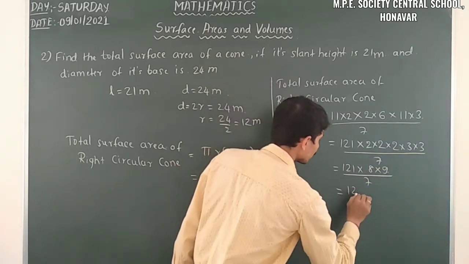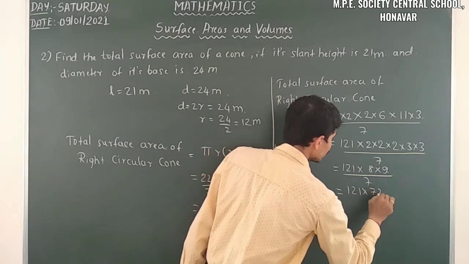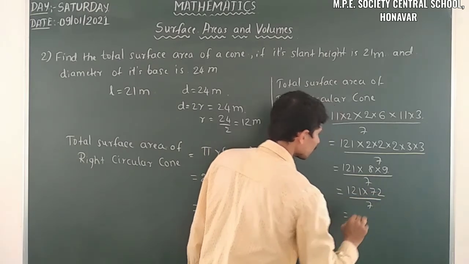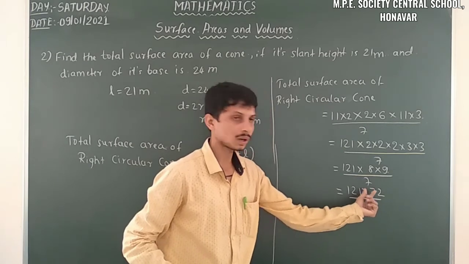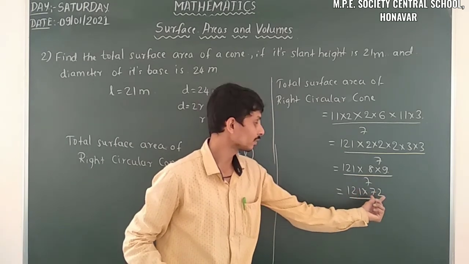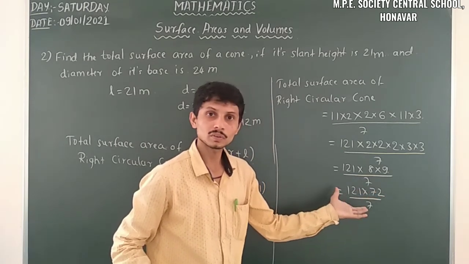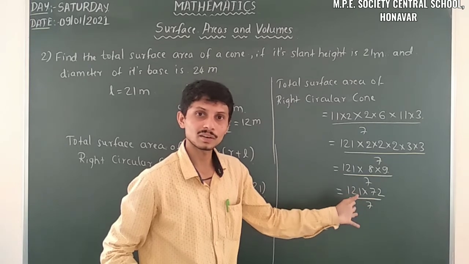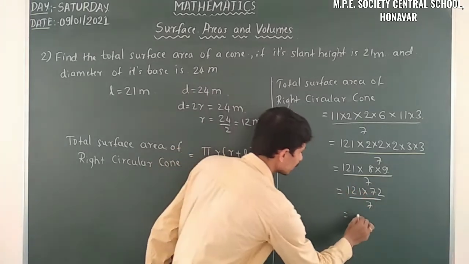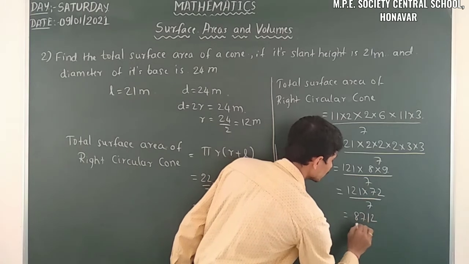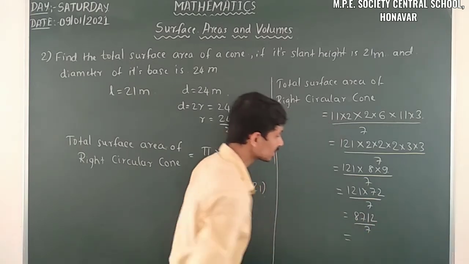So here 121 into 72 by 7. Here we can easily multiply: 72 into 1, 72 into 2 and 72 into 1. So we can find it is 8712 by 7.